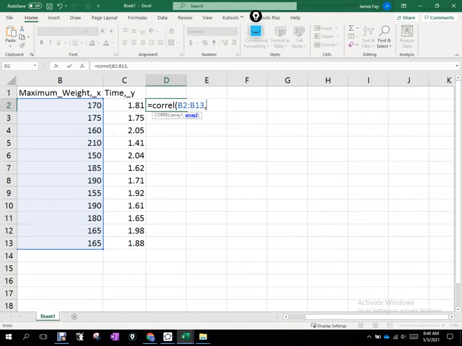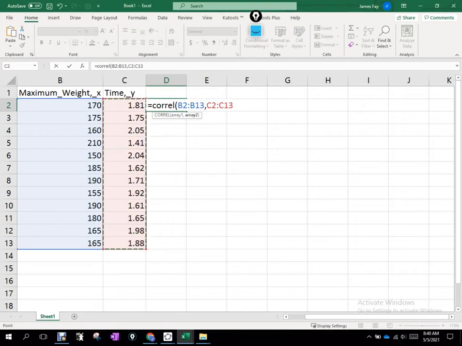An array is just a list of values, but it wants them in the order of independent variable, comma, dependent variable. So now I hit comma. I'm now in array 2, so I'm going to highlight that.